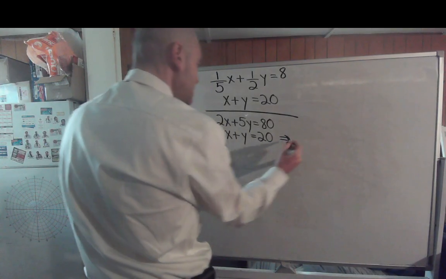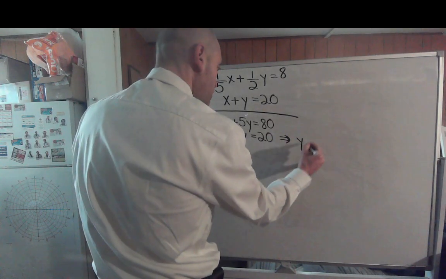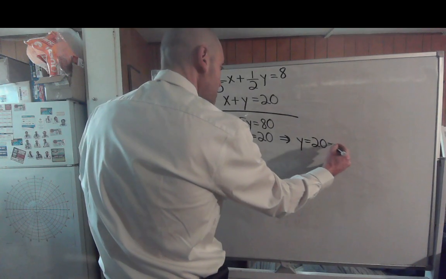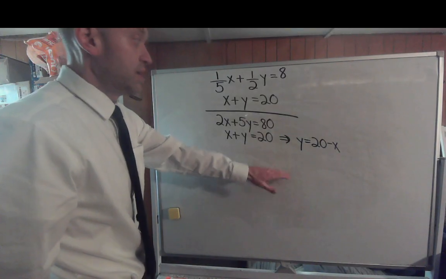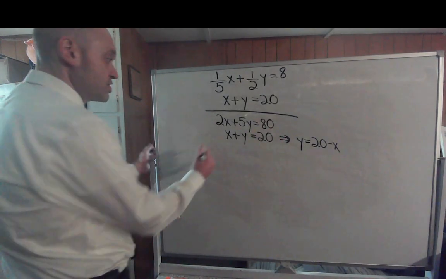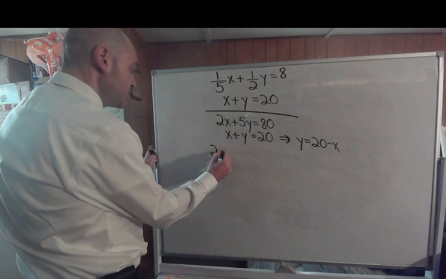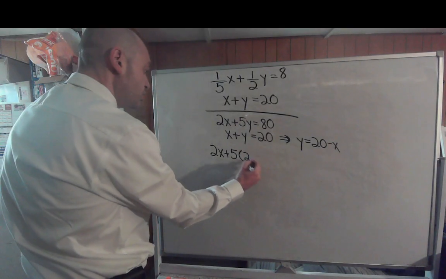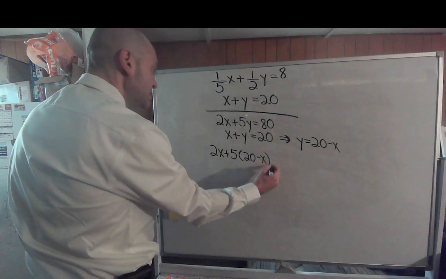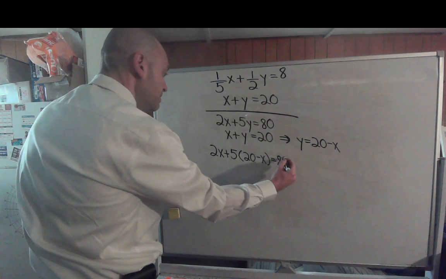So the second equation could turn into y equals 20 minus x. So since we derived from the second equation, let's put it into the first equation. So that's going to be 2x plus 5 times 20 minus x equals 80.